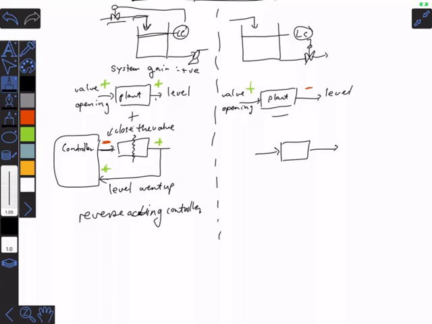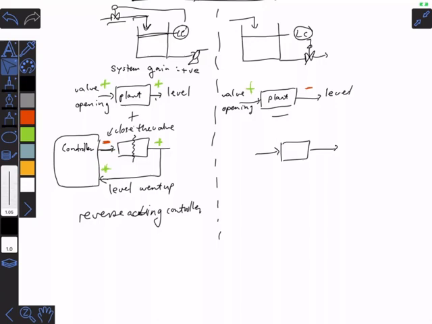Notice that it can be confusing when you start drawing these signs, because there's going to be a reaction from the plant, and you can get caught up in chasing yourself around the loop. You might ask, the level went up, so I closed the valve, but then the level went down because I closed the valve. Just break that loop.